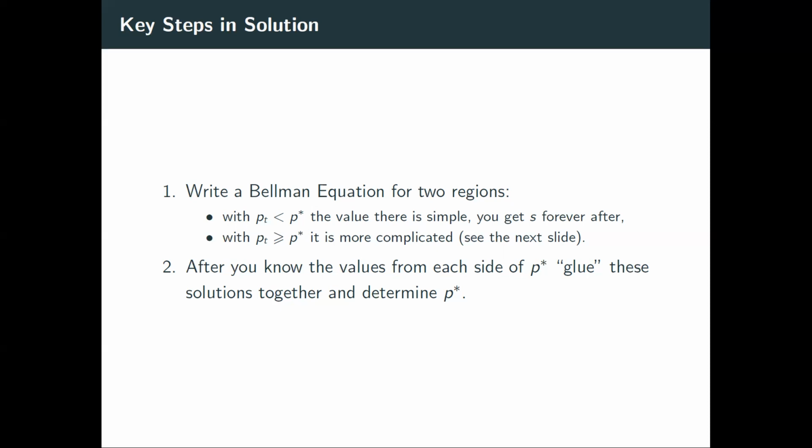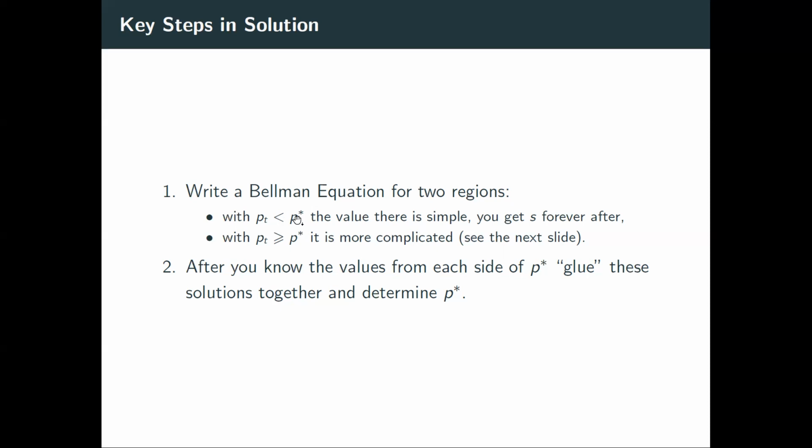And for that, we will need some additional conditions, which will help us to determine exactly this P star. And we will talk extensively about these additional conditions. But the first point is to understand the Bellman equation for this part, and to actually calculate the solutions for this region. So, okay.